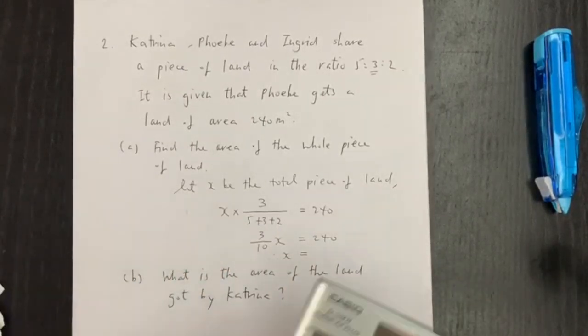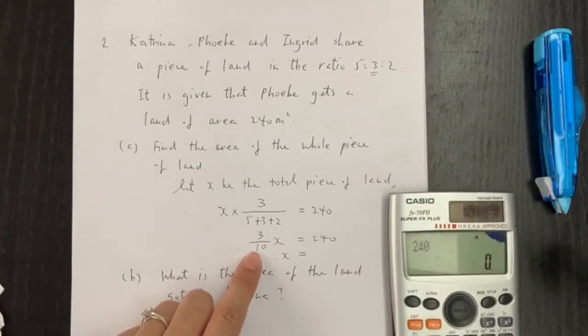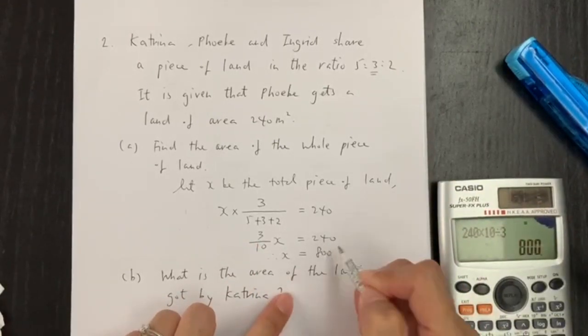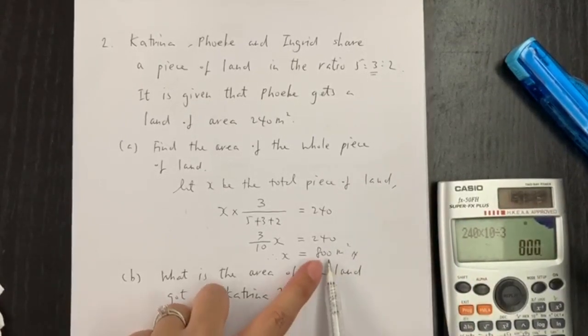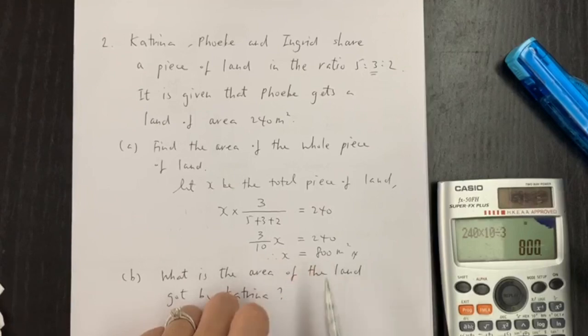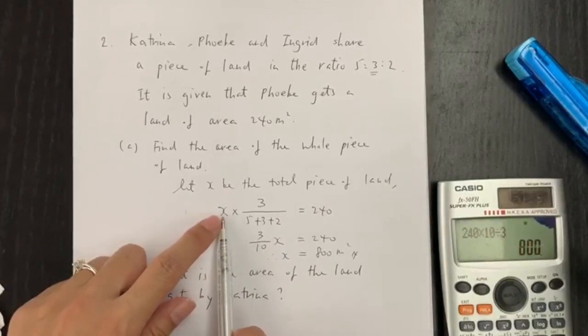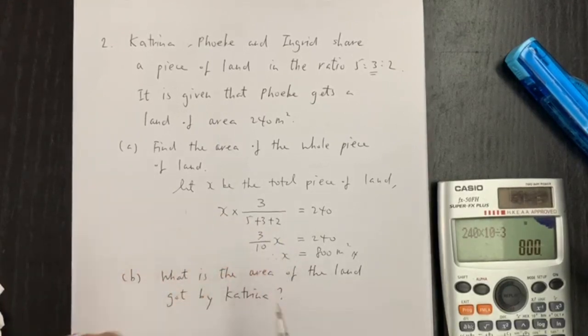So x will be 240, move this 10 across and then divide by 3. Okay, so 800 will be the total area of that piece of land. So you can set an equation to let the total be x, and then you use a similar idea as in question number 1, and then you solve for x.